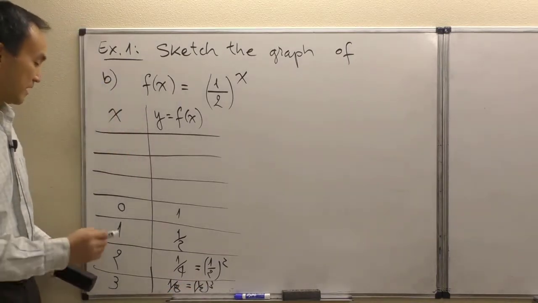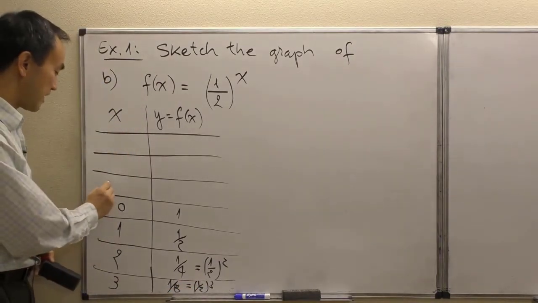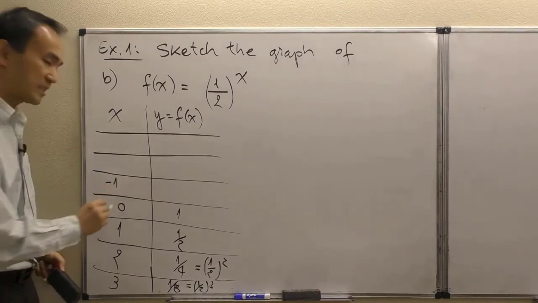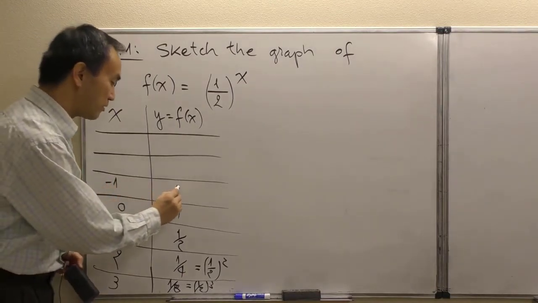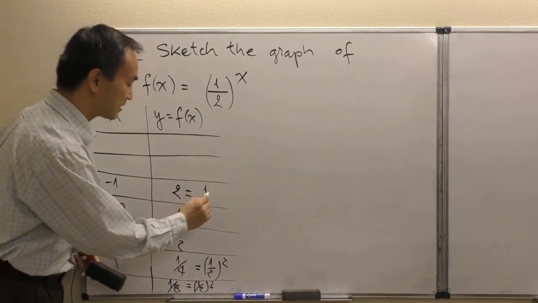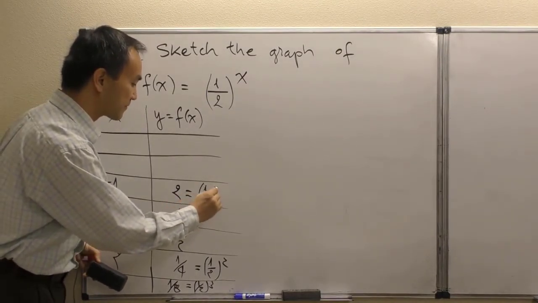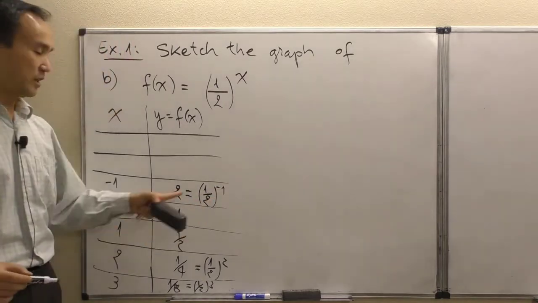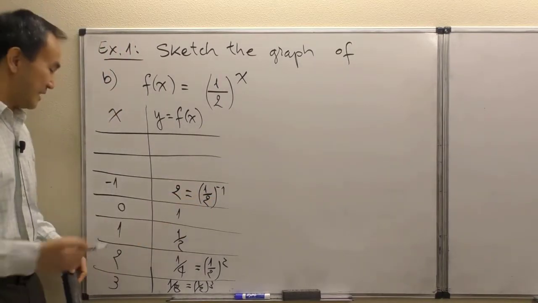Now I can plug in a negative number for x. So let's say -1. Our value will come out being 2, simply because we're looking at 1/2 raised to a -1 power. You can use your calculator to double check this.